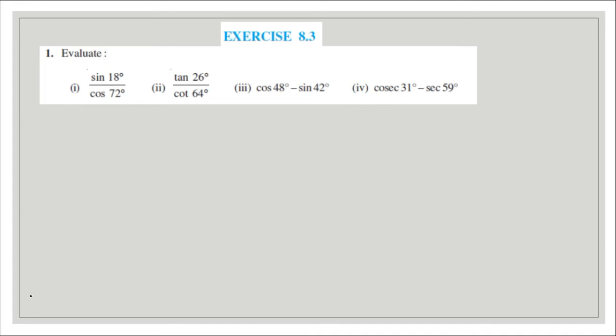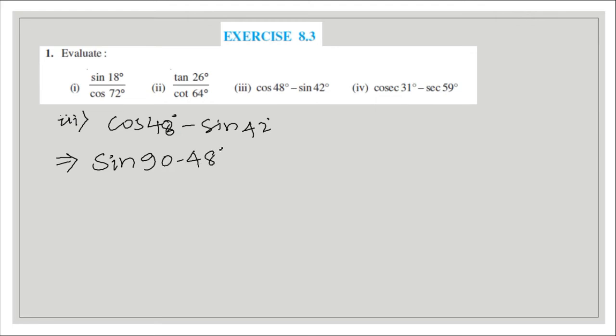Now let us take the third one. In the third question we have cos 48 degrees minus sin 42 degrees. One of them I'll convert by using the complementary relation. So sin of 90 minus 48 degrees minus sin 42 degrees. Here 90 minus 48 is 42.